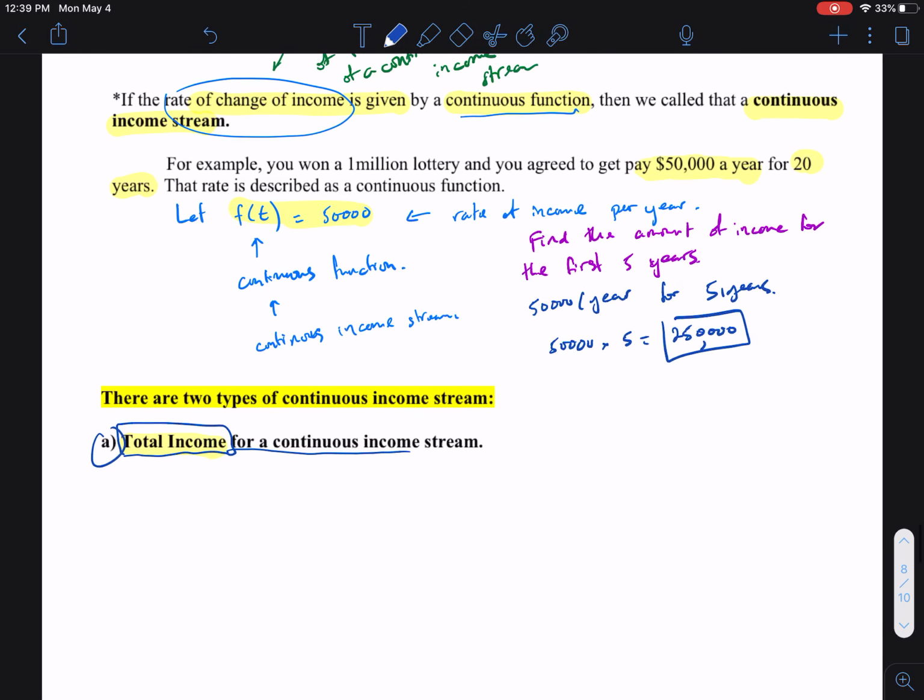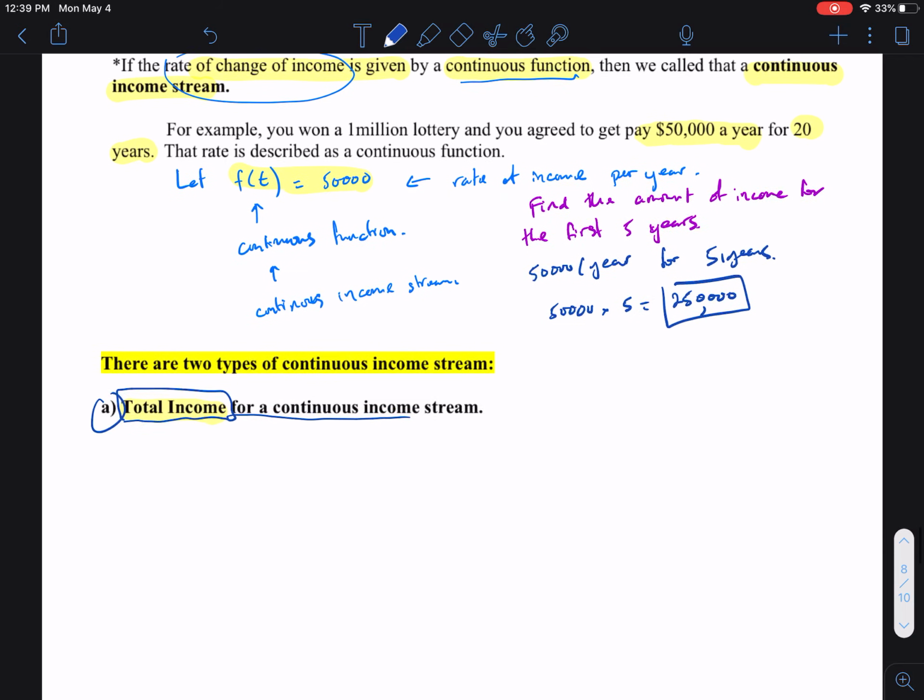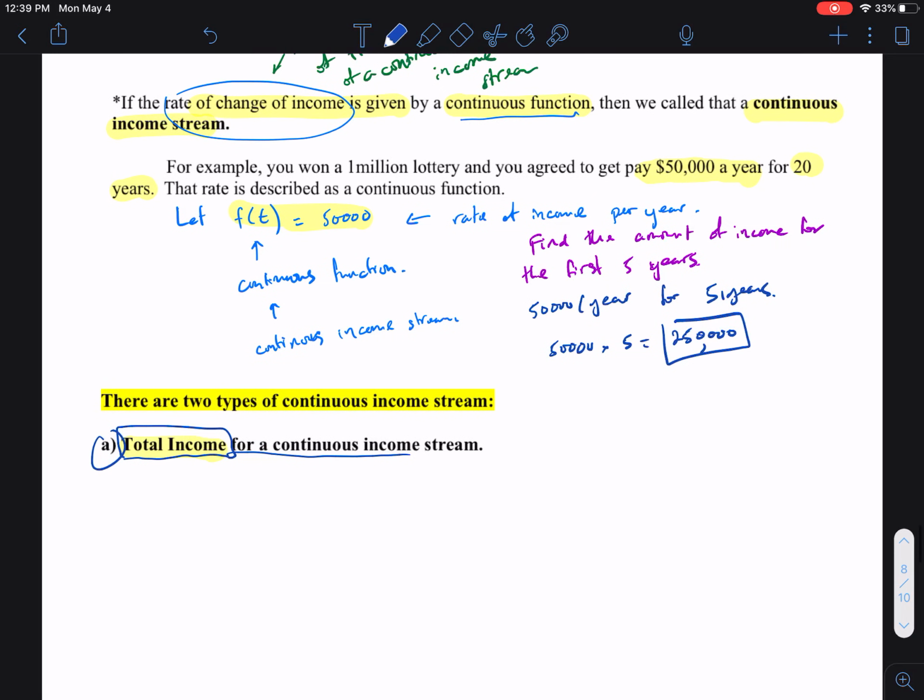The second type of continuous income stream example we look at is, imagine I'm the person who won this $1 million lottery here, and each year I'm getting paid $50,000 for the 20 years. Instead of pocketing that 50,000 or using it toward expenses, I put away that 50,000 in a retirement account at, let's say, a 5% interest rate annually, and each year I'm depositing another 50,000.